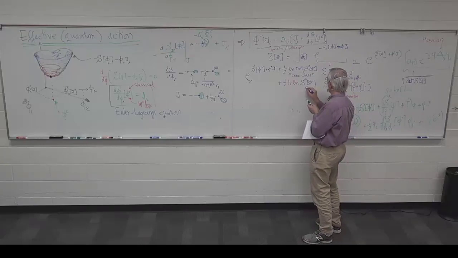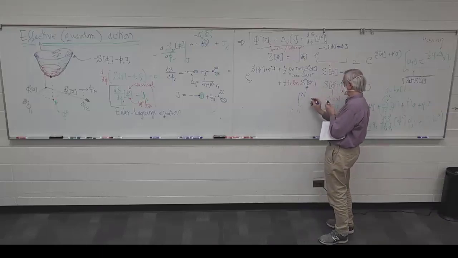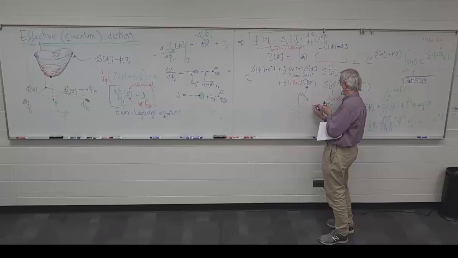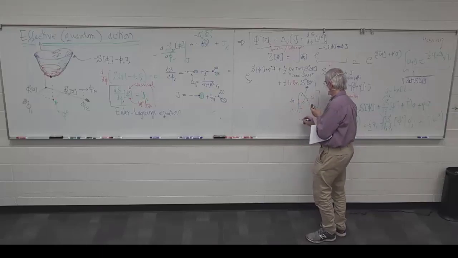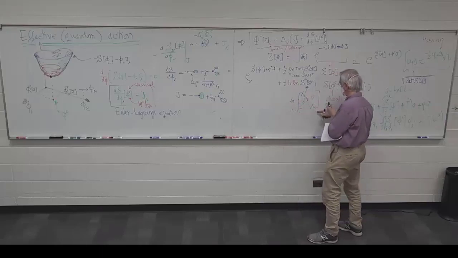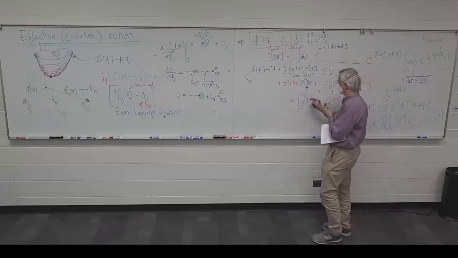If you were able to diagonalize this, so suppose you write this as some eigenvalue of a symmetric matrix of some finite dimension. If you can diagonalize it, then the logarithm of that matrix, you know how to do logarithm on a diagonal. It's just the logarithm of each term.